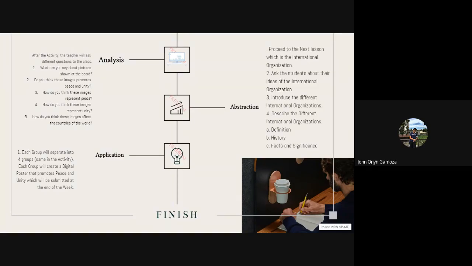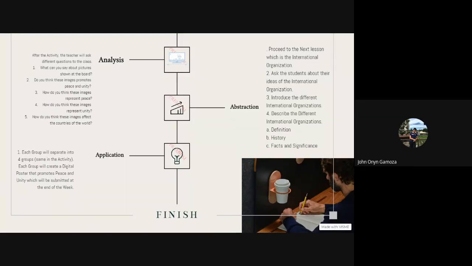So the application. In the application, the class will split into four groups, the same groups as in the activity a while ago. Each group will create a digital poster that promotes peace and unity, to be submitted at the end of the week, using poster making apps.